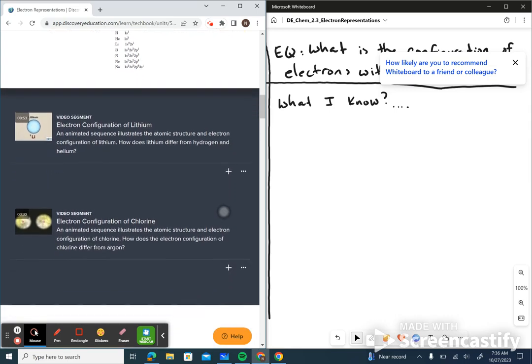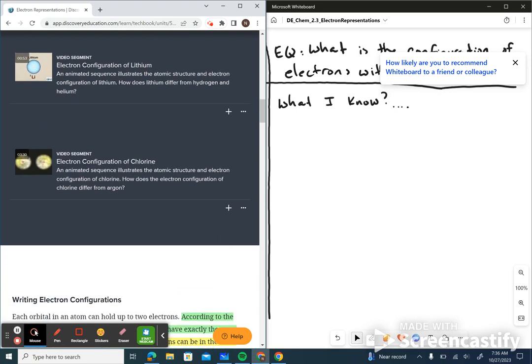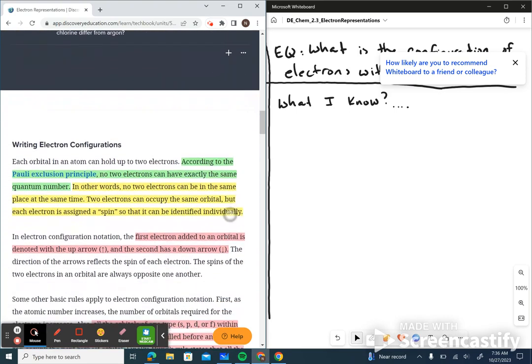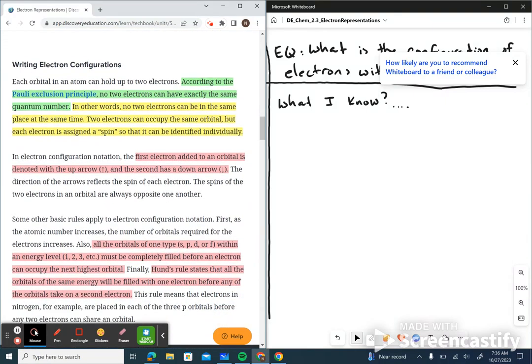The first one was helium, and another one was on chlorine. So they're giving us a number of different examples to help us out here. And then we have a section on writing electron configurations. They're going to talk about the Pauli exclusion principle. That should remind you of the Aufbau principle and the Hund principles. These are things related to filling electron configurations.